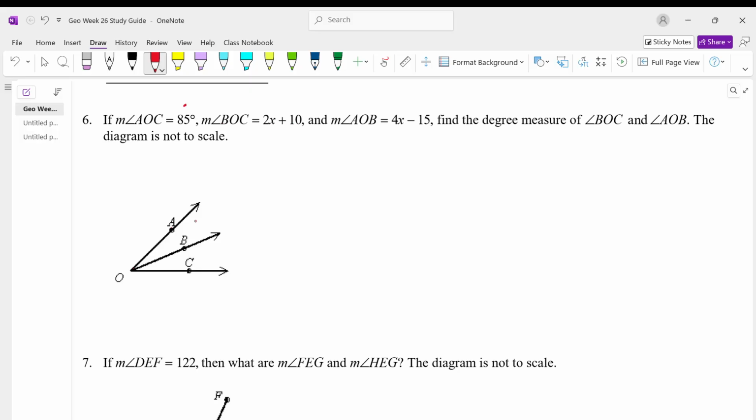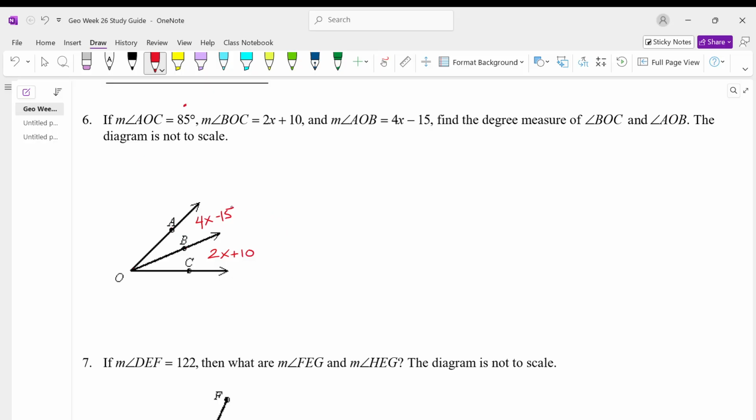Angle BOC, this is 2x plus 10. Angle AOB starts at A, goes down to O, and then back up to B, is 4x minus 15. Find the degree measures of BOC and AOB. The diagram's not to scale.